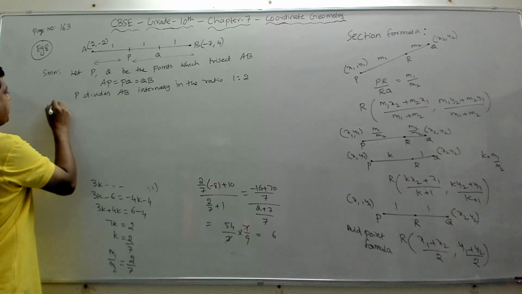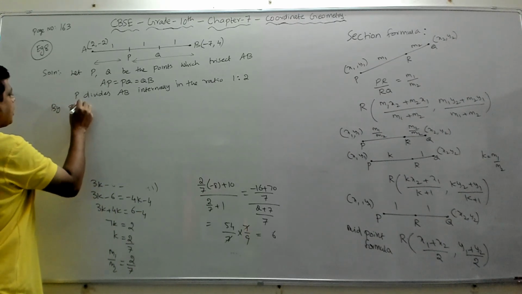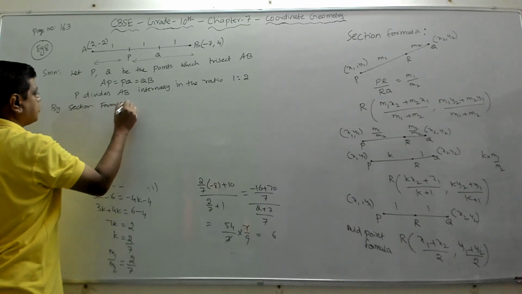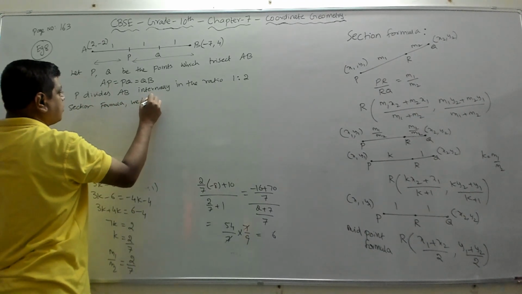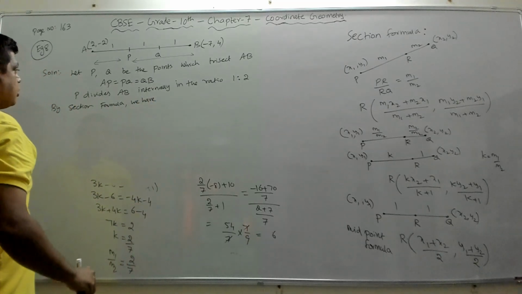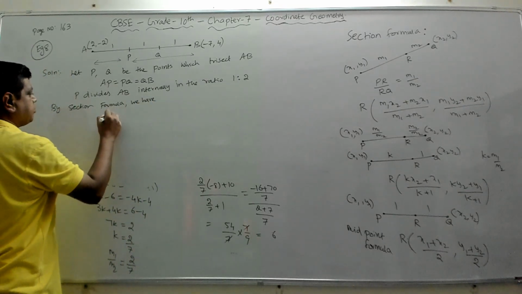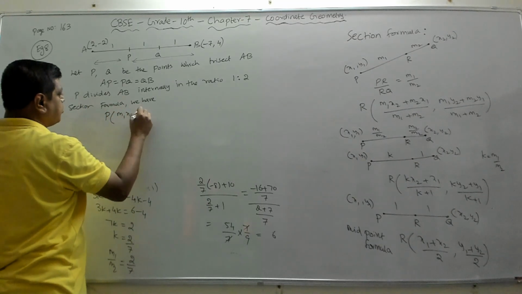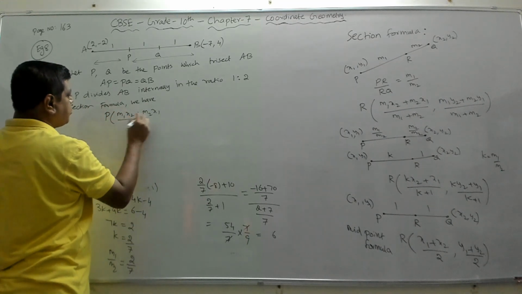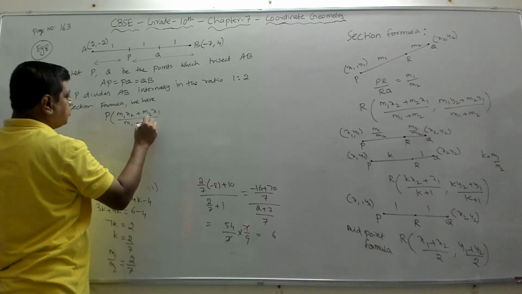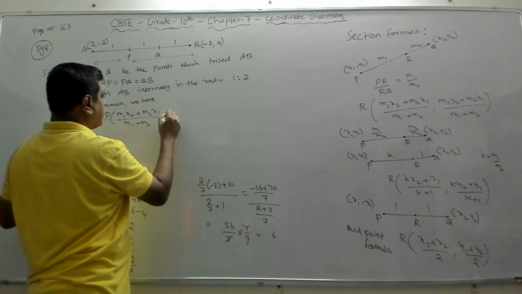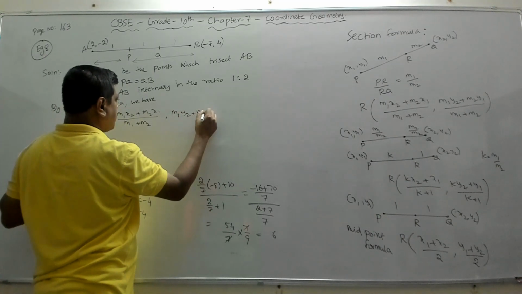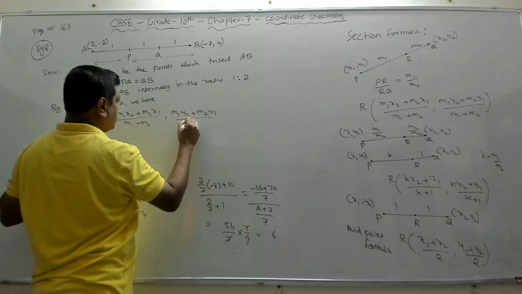P is given by the section formula. What is our section formula? We have P of (m1x2 plus m2x1) by (m1 plus m2), comma, (m1y2 plus m2y1) by (m1 plus m2).